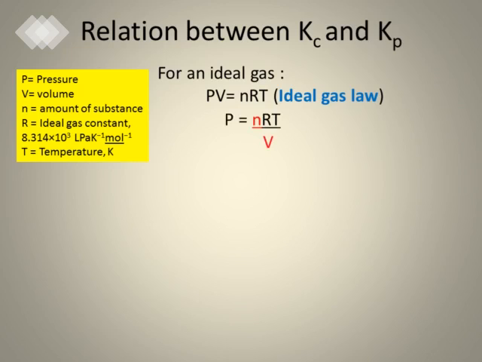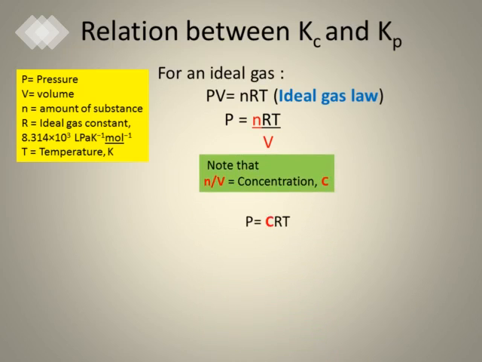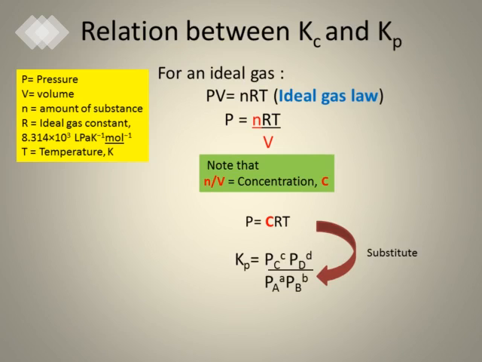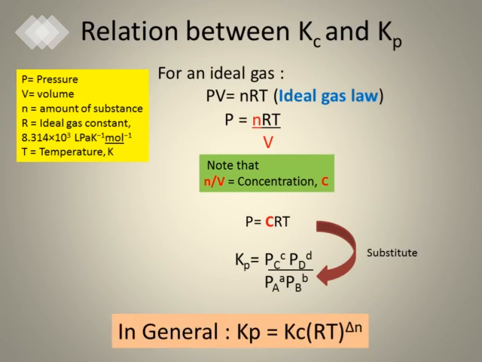Note that when we rearrange this equation into this manner, we will get the relation between P and the concentrations of the gas. And when we substitute this equation into Kp, we will get the relation between Kp and Kc.